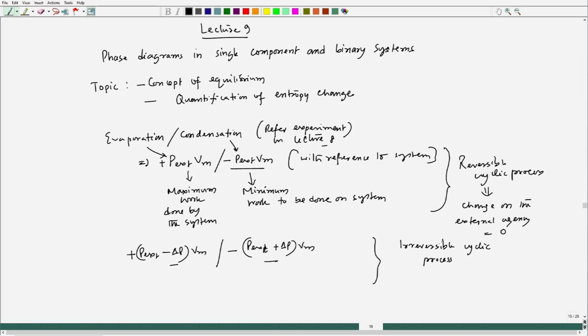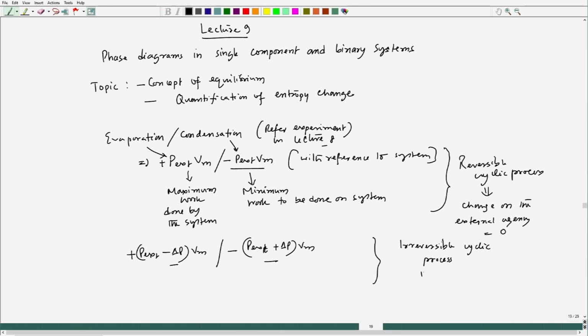So, it started from one state to another once evaporation of 1 mole of liquid happens, and condensation takes it to the initial position where we have taken 1 mole of vapor to convert to liquid, and then we immediately brought back the saturation vapor pressure. So, it came back to the same temperature, pressure and volume after the cyclic process.